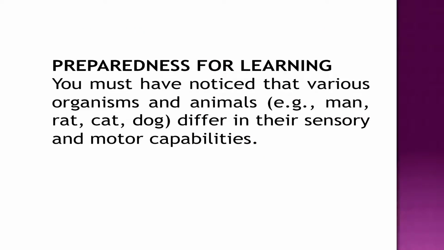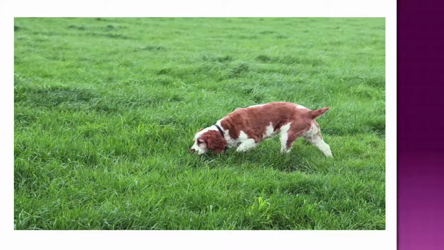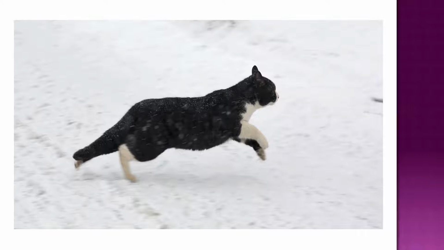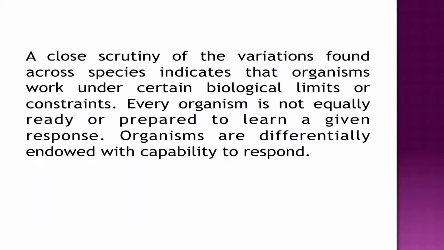You must have noticed that various organisms and animals, for example man, rat, cat, dog, differ in their sensory and motor capabilities. Thus, dogs have an extra sensitive nose. Similarly, cats jump and run very fast. A close scrutiny of the variations found across species indicates that organisms work under certain biological limits or constraints.